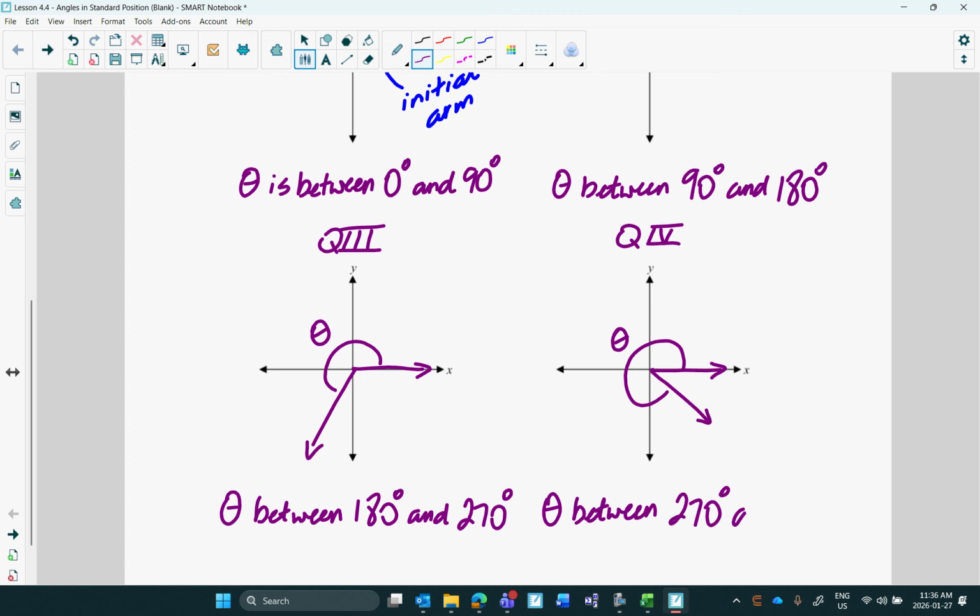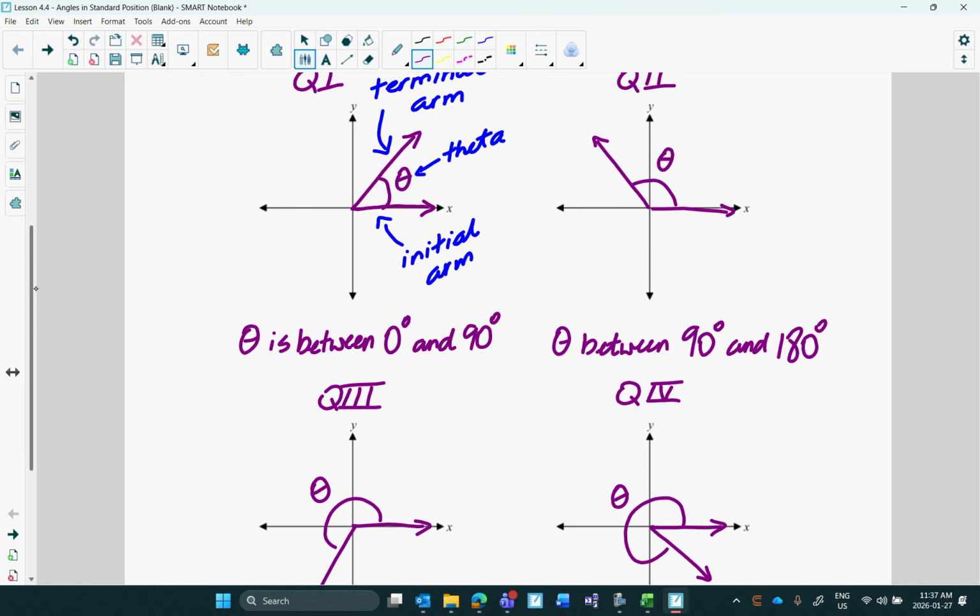Okay. Nice thing about a coordinate grid is, there are other angles we can draw. Like what if we're asked to draw an angle greater than 360? What if we're asked to draw an angle less than 0 or a negative angle? We can use a coordinate grid to draw it, but that's grade 12. Okay.